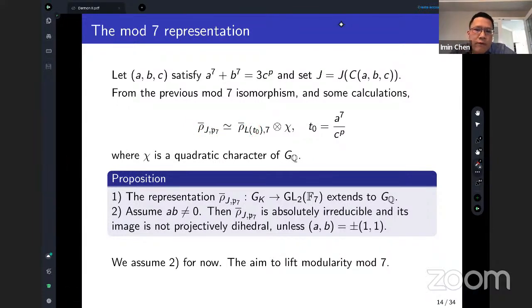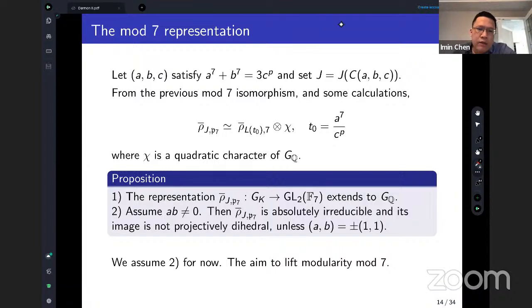And since the Legendre curve is, in this particular case, we're taking solutions which are integers, it is actually a representation that will extend to the absolute Galois group of Q. And furthermore, using this coincidence with elliptic curves, and because we have a lot of information about the mod p representation of elliptic curves, we can prove that the mod 7 representation of Kraus's Frey abelian variety is absolutely irreducible and not projectively dihedral, unless we're in some small cases.